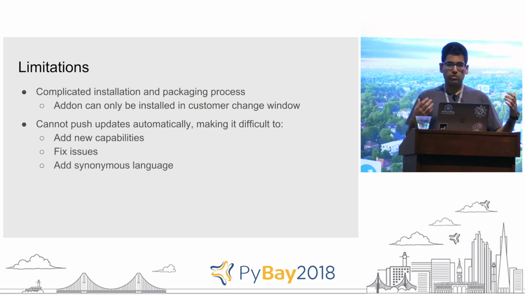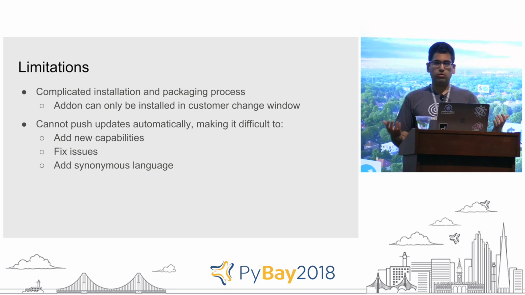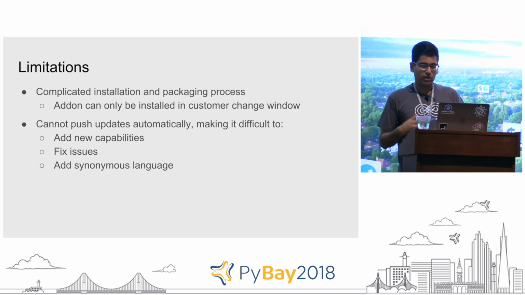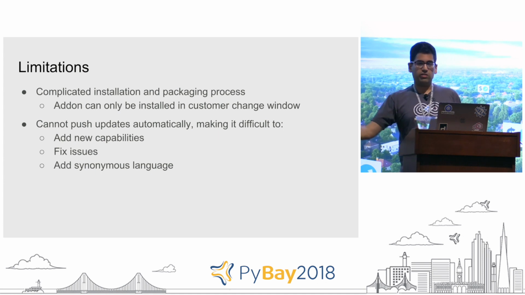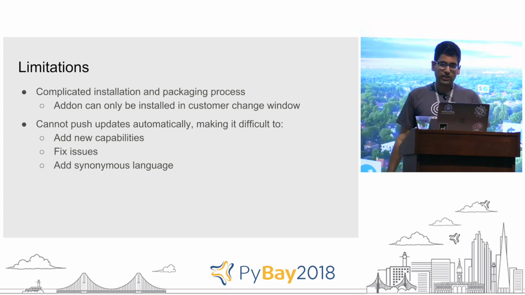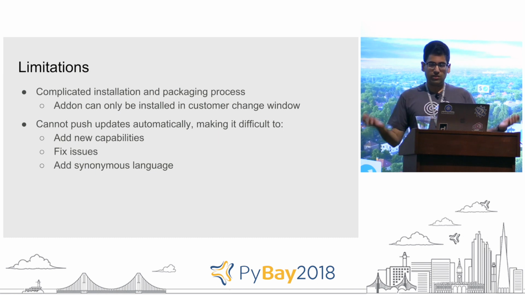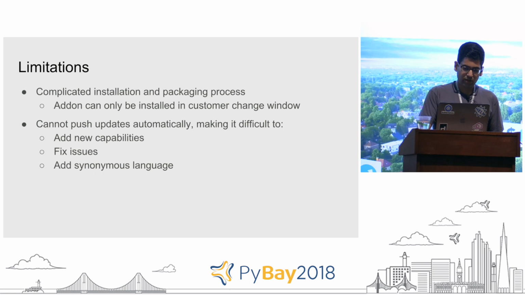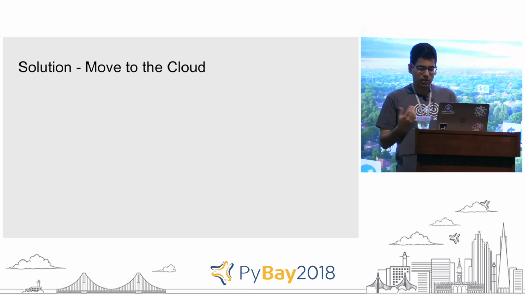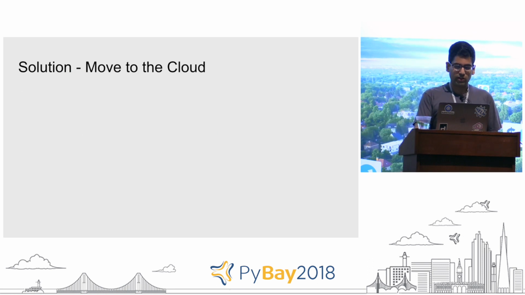To handle a specific use case, there can be multiple ways to ask that question, and this is important for natural language systems. If you've used Google Assistant, Siri, or Amazon Alexa, you notice that they're constantly being updated and new functionality is being added all the time. So our solution, just like those products, was to move to the cloud.